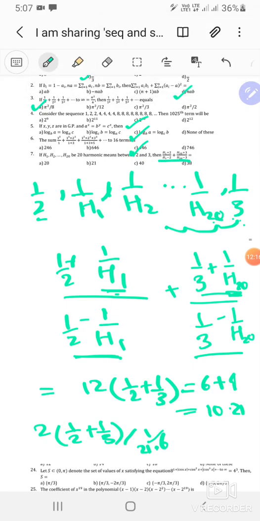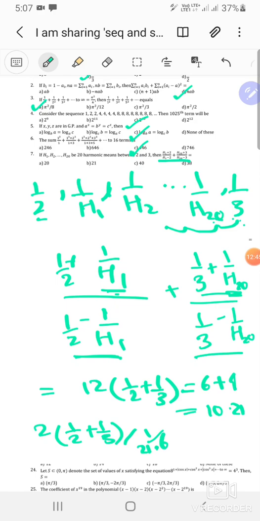So why is it not working? We are stuck on this thing. So 1 by 3 minus 1, wait, what? Minus 1 upon h20. It should be working between 2 and 3. So these are like in AP.